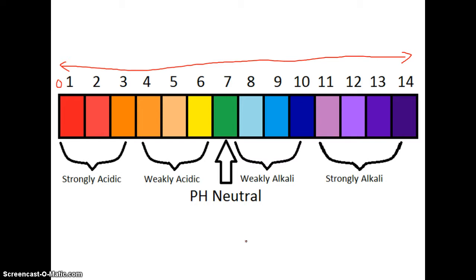And there's really 3 categories of materials that we talk about when we're looking at the pH scale. We're looking at things that are called acids, so substances that are acidic. We're looking at things called bases. Here it says alkali, but that's just a fancy word for base. So we're looking at things that are bases or alkalines. And then there's also the possibility of something that we call a neutral substance.